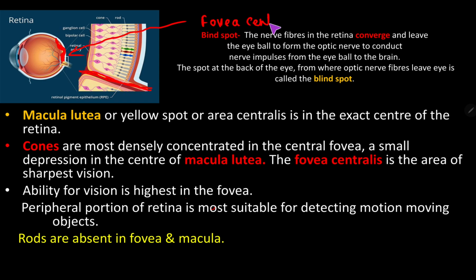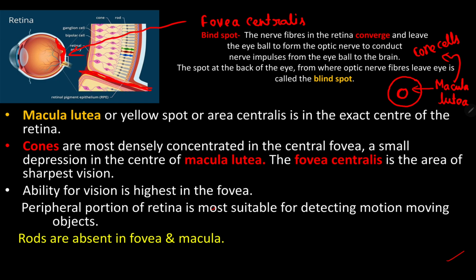Suppose this circle is the fovea centralis. This fovea centralis is surrounded by one region. That region is called macula lutea. This macula lutea is very rich in cone cells.